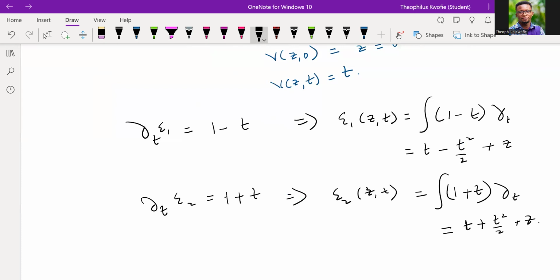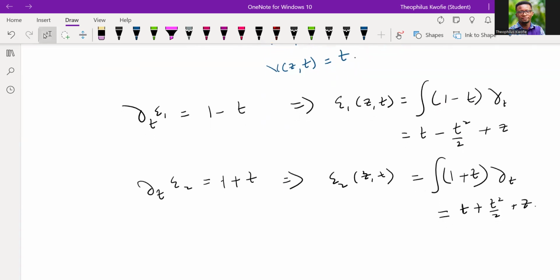Then when we find a particular solution, we're going to rely on the initial conditions where t is 0. When t is 0, we're going to have this equal to be z, right? Which eventually means that the result should be the same. It just means that wherever you see z, you just replace by that, right? By z. So when t is 0, we're going to have z to be equal to z.